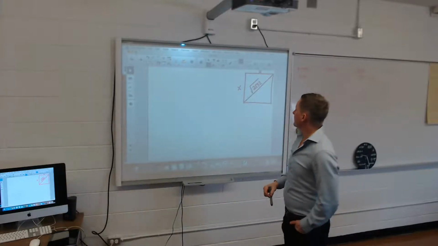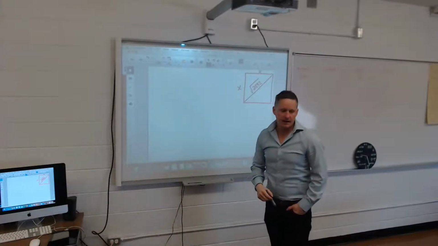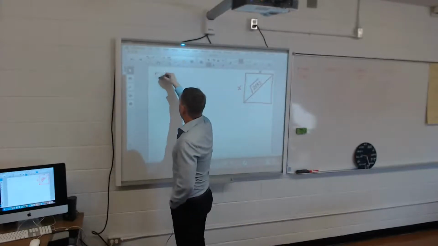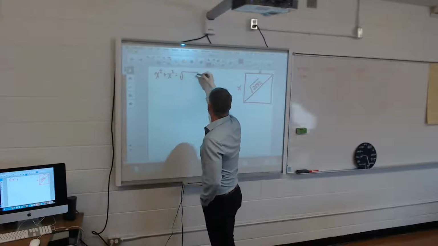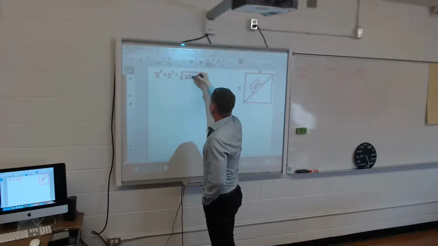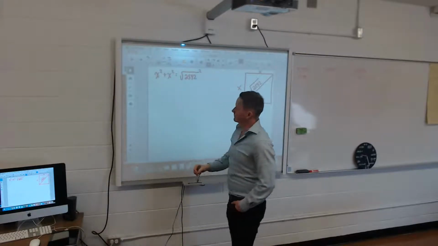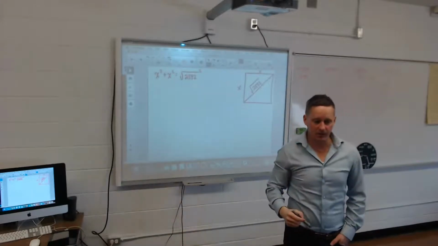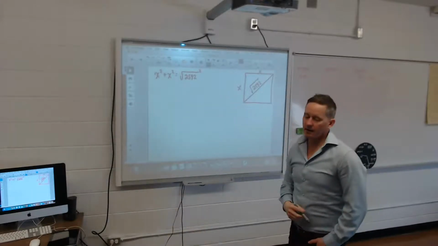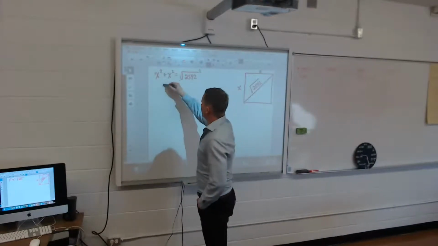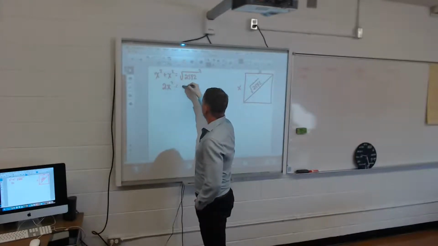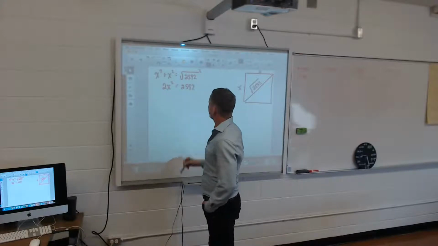Using Pythagoras' theorem, we've got x squared plus x squared is equal to square root 2592 squared. This works out great because I've already got my square root value taken care of. So I end up with 2x squared equals 2592.